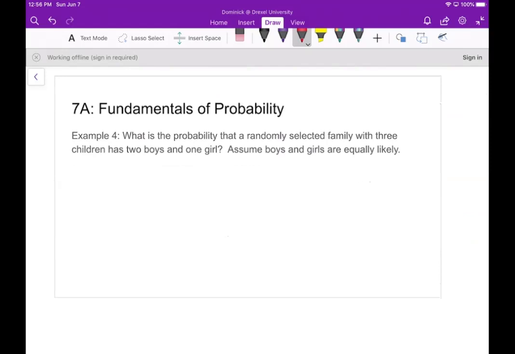Okay, now the next example, we want to know what is the probability that a randomly selected family with 3 children has 2 boys and 1 girl? And again, we'll assume that boys and girls are equally likely. Okay, now let's first list the possible outcomes again. Right, so first we can do all of the same sex. We can have 3 boys, or we could have 3 girls. Right, then we could have all 3 examples with 1 boy.